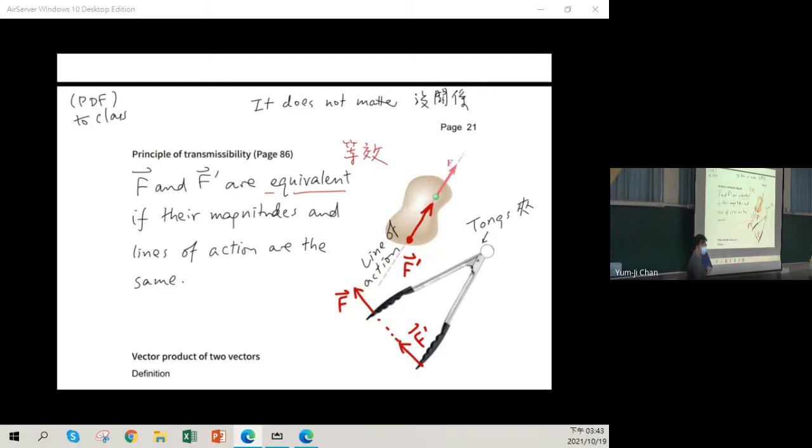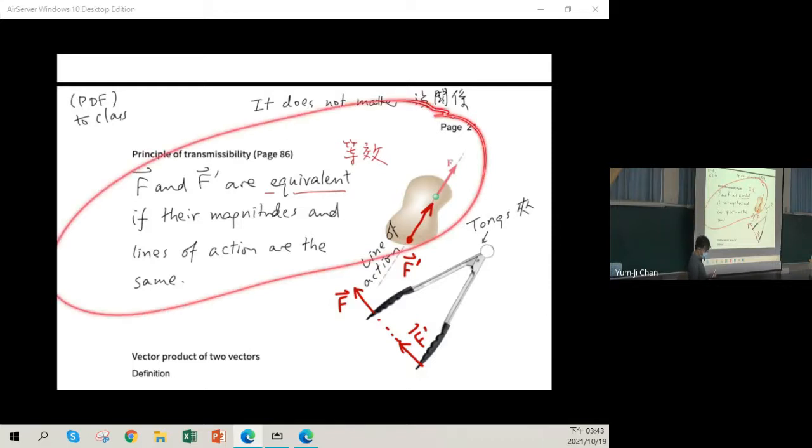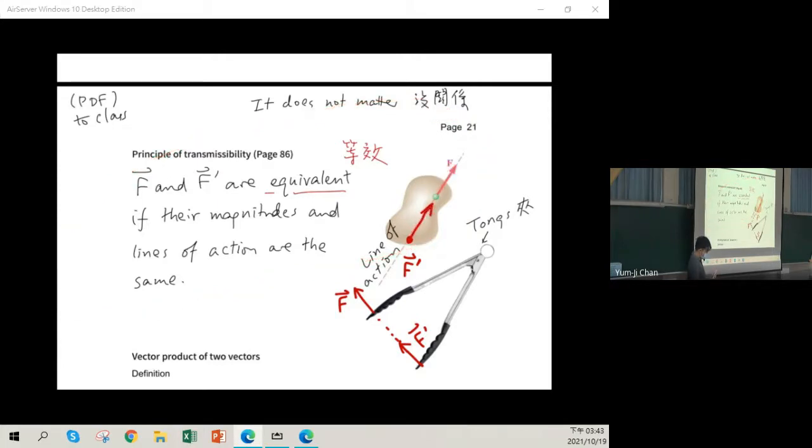Can anyone explain this, either in Chinese or English? So in the upper part, we have F and F prime, and we say these two are equivalent if we move the force to the front or to the back. But now we have a problem with this thing we see every day. If we put the force F here, then it will go farther apart.